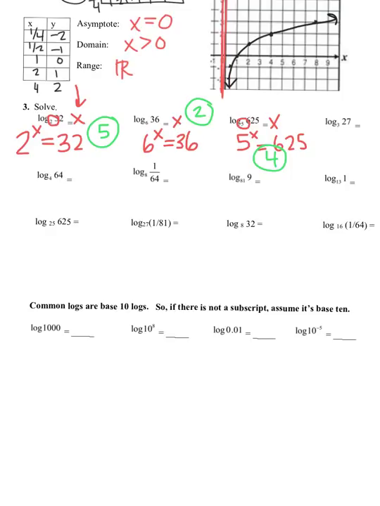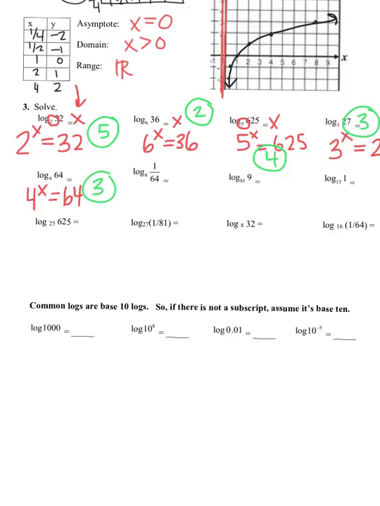And then next one, 3 to what power equals 27? x has to be 3. 4 to the x equals 64. x has to be 3.